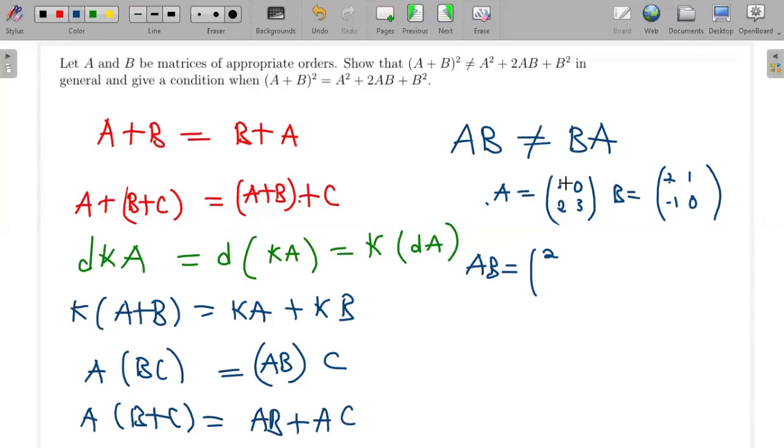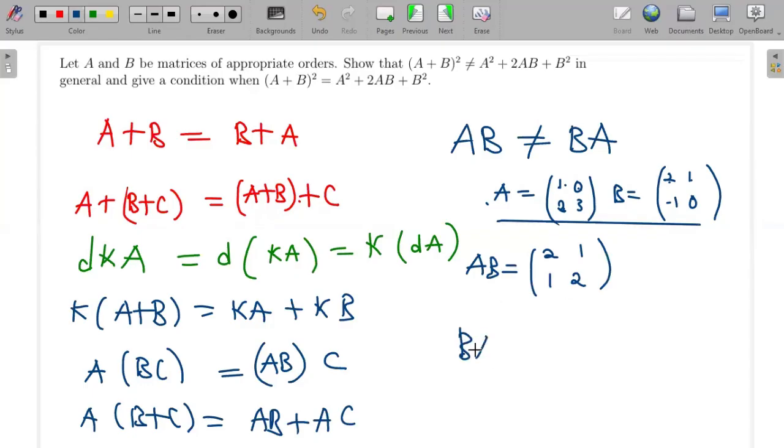So here I'll just have 2. 1 multiplied by 1, that will be 1. 0 multiplied by this, that will be 0. So I'll just write 1 there. What about 2 multiplied by 2? That will be 4. And then 3 multiplied by minus 1, that will be minus 3. So that is 4 minus 3, that will be 1. And then 2 multiplied by this, that will be 2, and then 3 multiplied by 0, that will just be 0. So I have 2. So from these two matrices, I've gotten my AB as this.